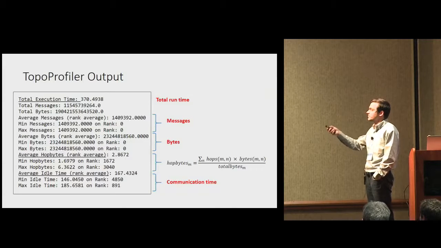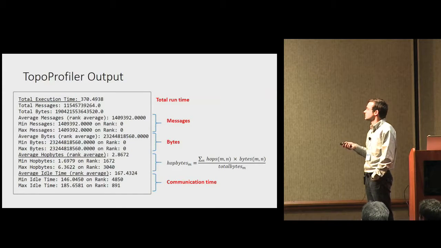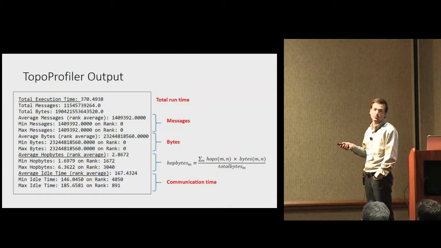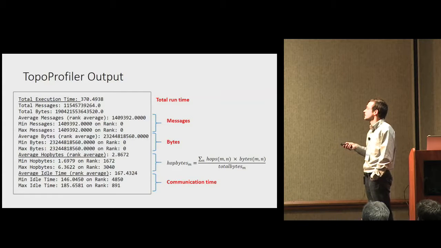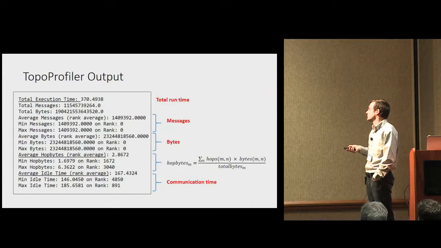I've underlined the interesting things. Basically, this gives you the total execution time of your application, and then you can see things like the average hop bytes, which is calculated as follows: the hop bytes of one task is the sum of hops to its neighbors multiplied by the amount of bytes going to its neighbors, divided by the total amount of bytes.